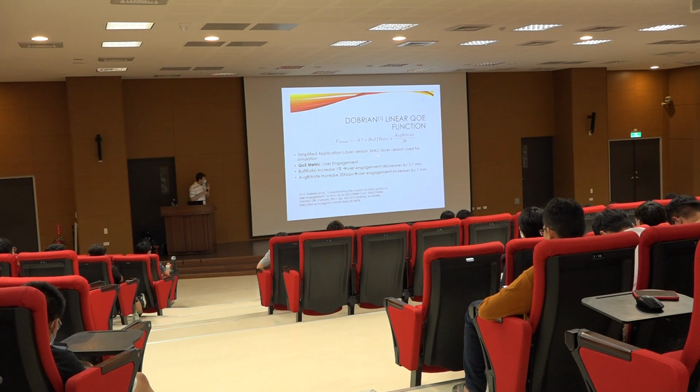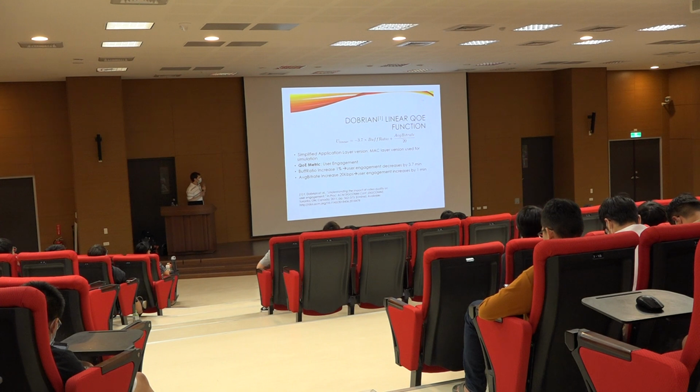So this equation here, if we just use it as an application layer version, then it doesn't actually capture the radio channel characteristics. This is where we need to actually translate to MAC layer simulation. Now this QoE metric depends on your interest in the program. It actually has a terminology, user engagement. How long you are engaged in the TV program you're watching.